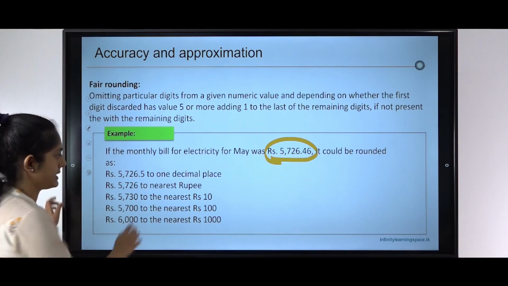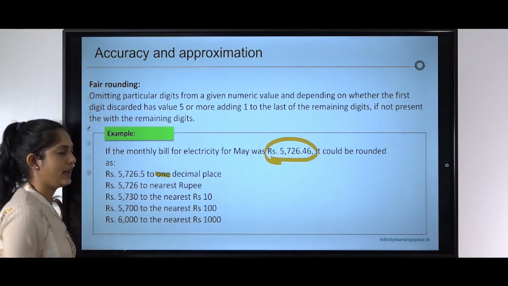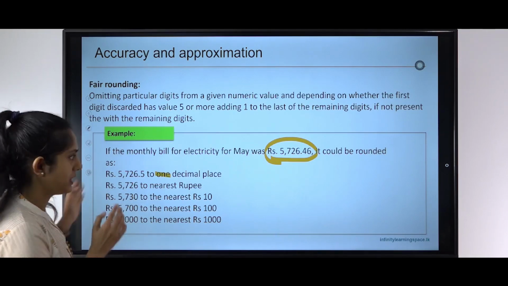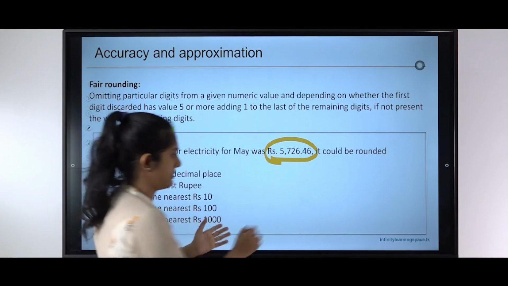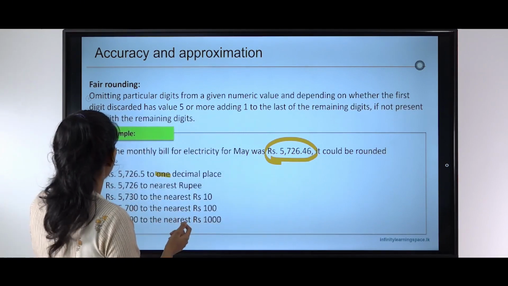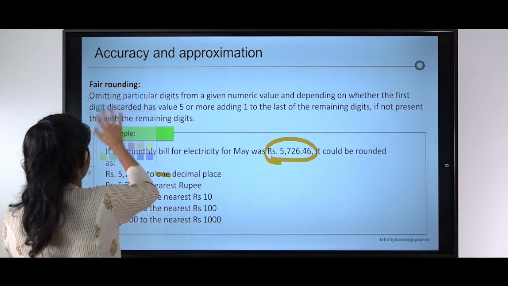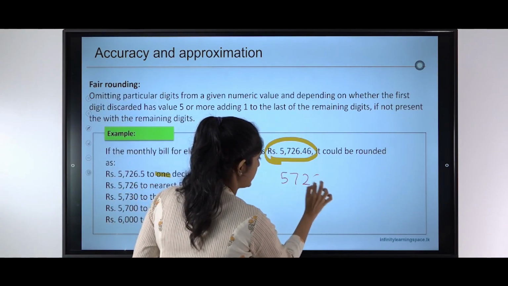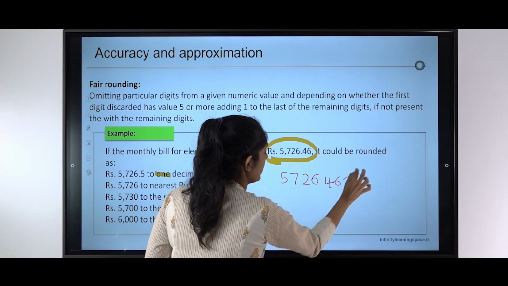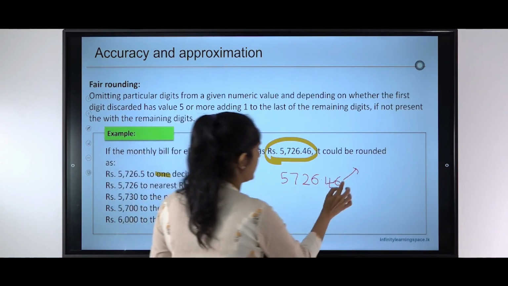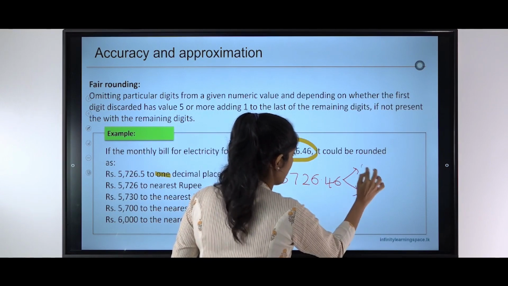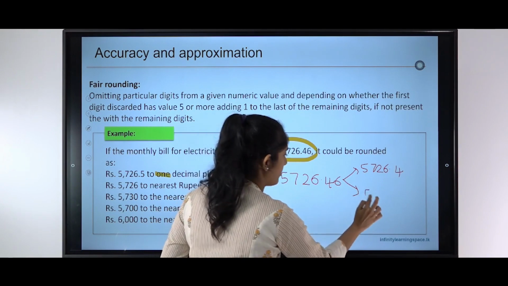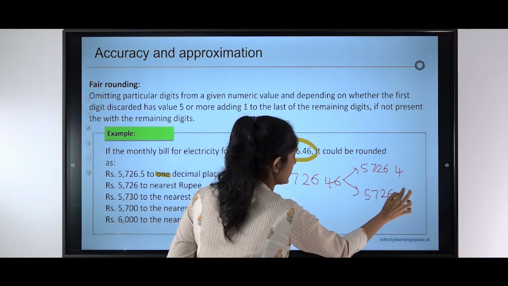First, to one decimal. One decimal means you'll call it 5,726.5 because 46 is closer to 5. So if you take this 5,726.46, the two options you have for one decimal are 5,726.4 and 5,726.5.